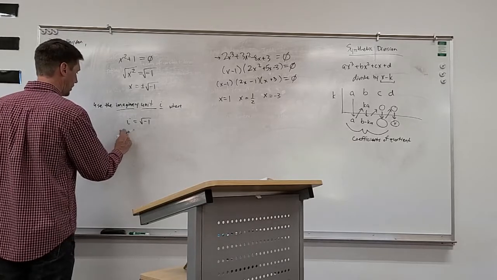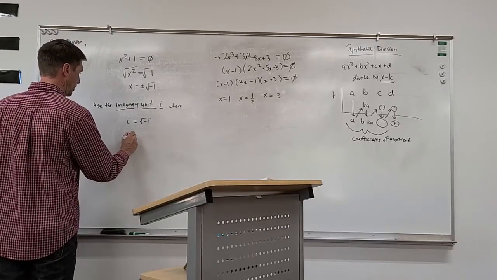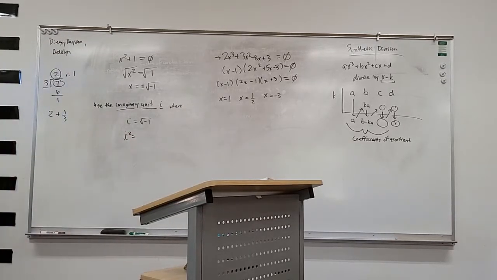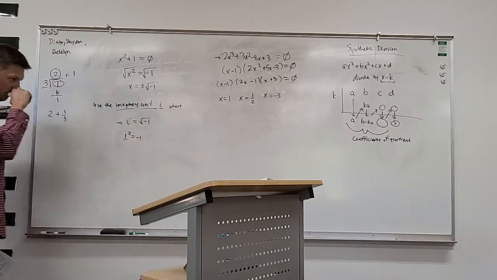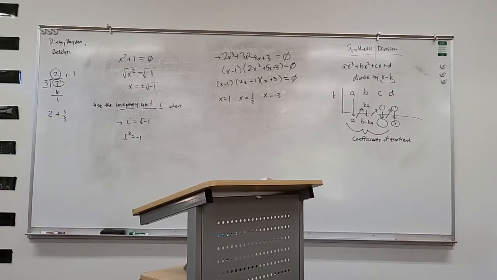If i equals the square root of negative 1, then i squared equals negative 1, if I square both sides of this equation. That's going to come into play as we start doing some multiplication with this i term.